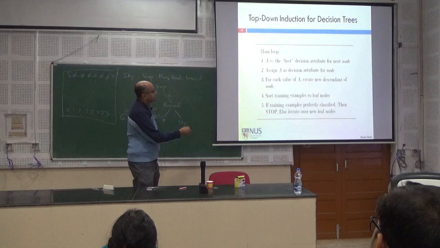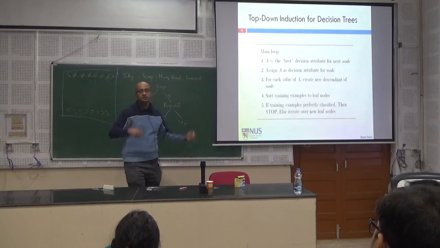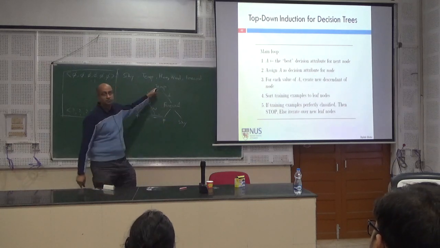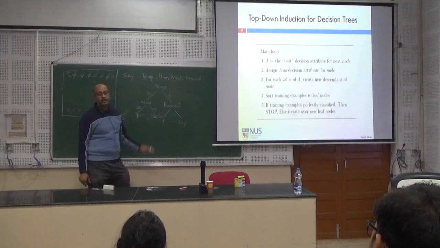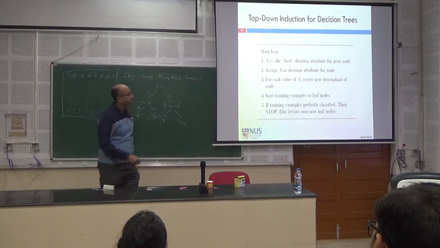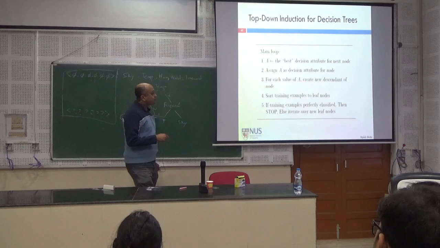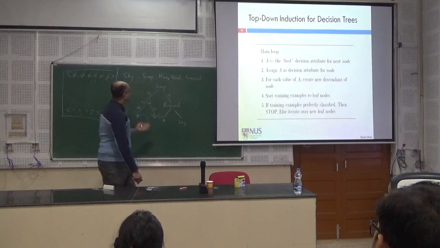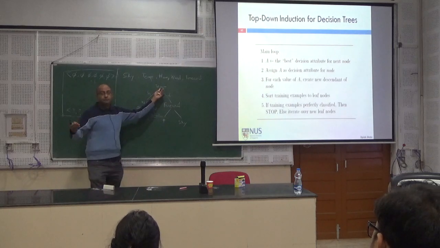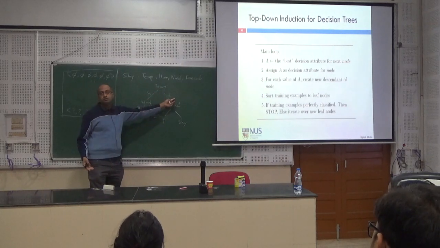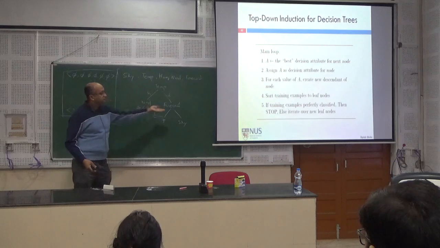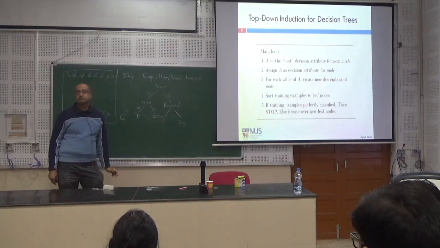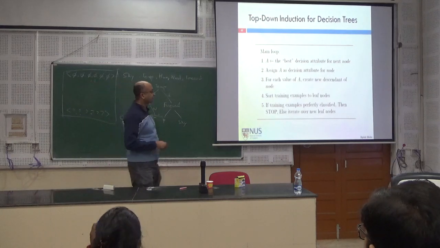Pick the best as the decision attribute. So temperature is the decision attribute for this particular node. And here, for example, forecast is the best decision attribute and so on. And for each value of A, we create new descendant nodes. So temperature, what are the values? High and low. Right? So I have 2 descendant nodes here. Fine, so that's rule number 3.